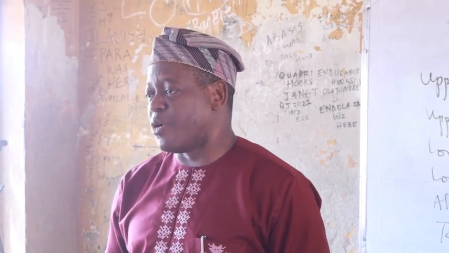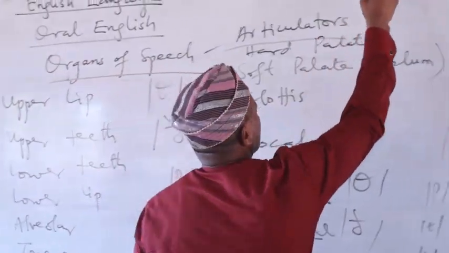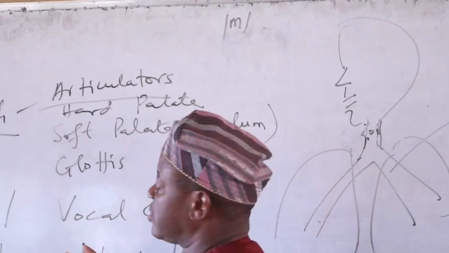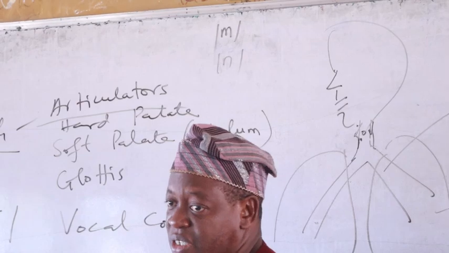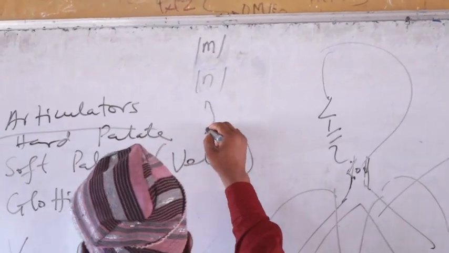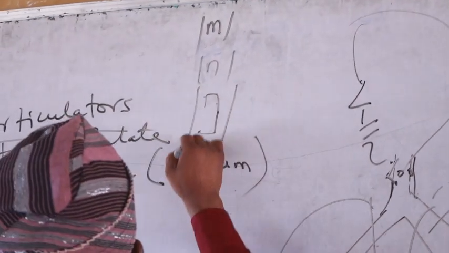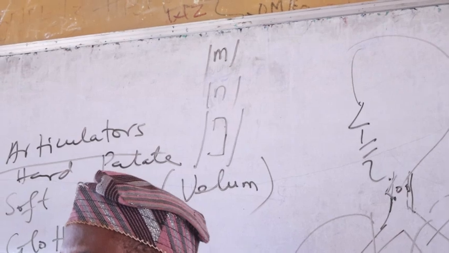The air coming from the lungs can only pass through the nose. In the English language, we have only 3 nasal sounds. The 3 of them are the bilabial nasal sound, the alveolar nasal sound, and the velar nasal sound. There are 3.